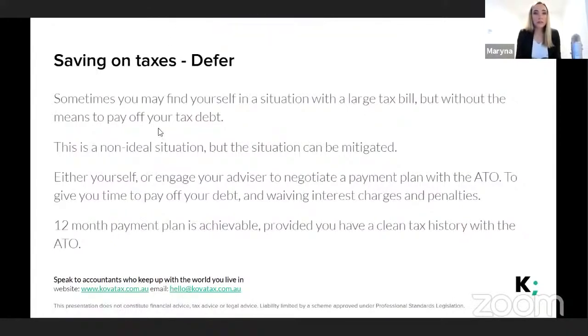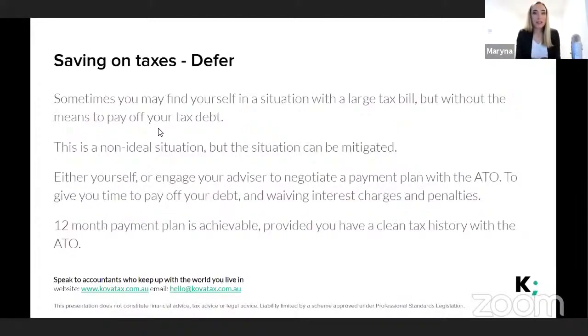And in this case, we help our clients to defer their tax payable. So you should know about this. It's available to you. The ATO can give you permission to establish a payment plan with them. What that means is that you can pay your tax over 12 months, and that can be monthly, weekly, or fortnightly.